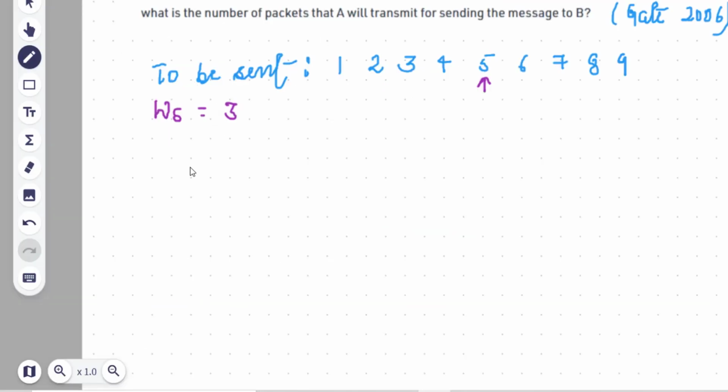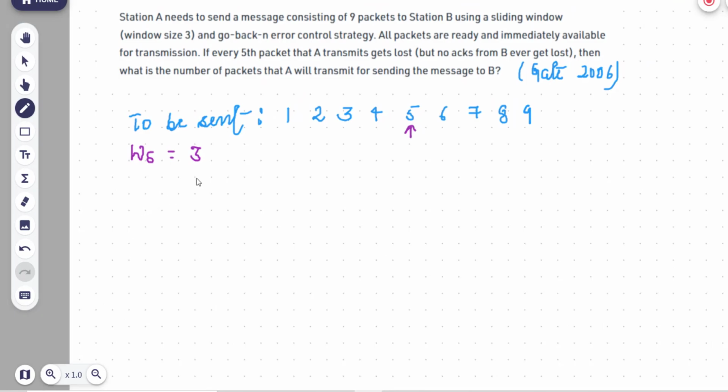First of all, the sender window of size 3 is there, no? The sender would be sending 1, 2 and 3. So the first packet would be here, the second packet here, the third packet here.